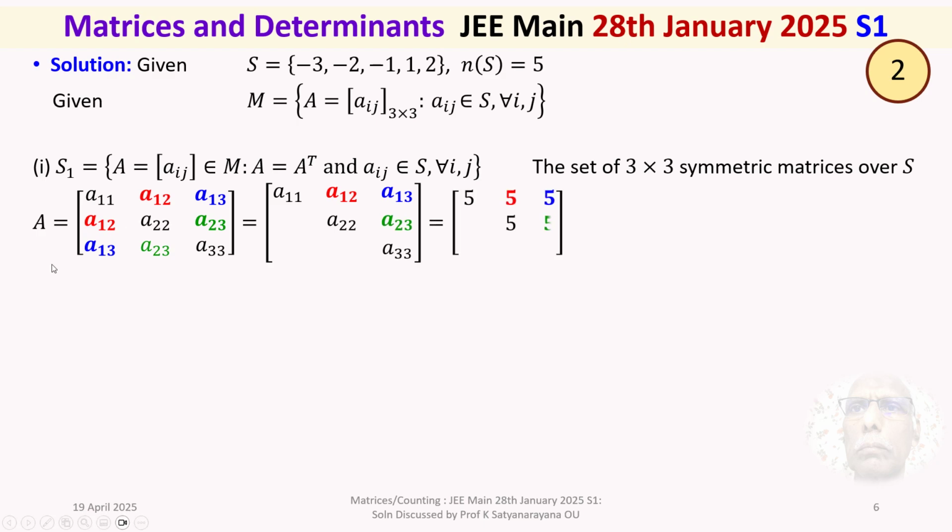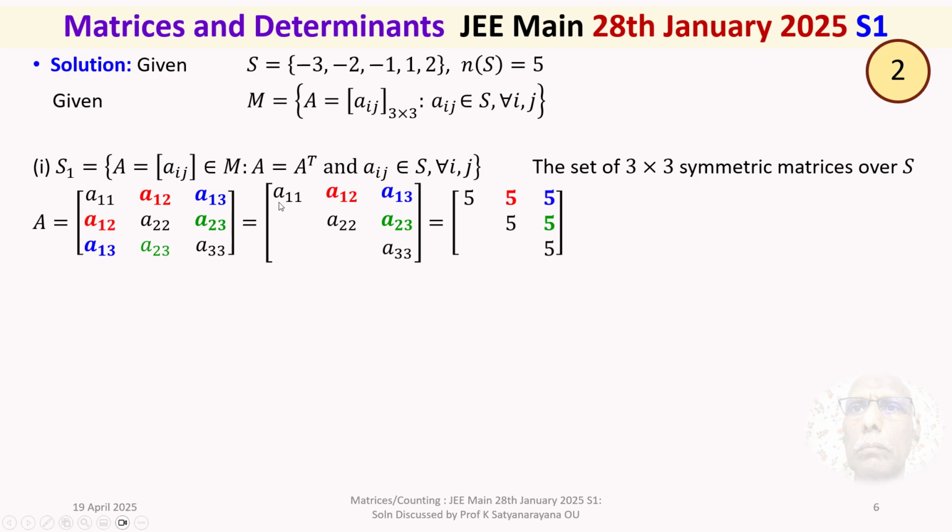It will look like A is equal to A11, A12, A13. Because it is symmetric, A21 is also A12, A31 is also A13 and A32 is A23. That means whatever elements are present above the main diagonal, they will reflect the entries below the diagonal. So therefore, it is sufficient if we take such a situation.